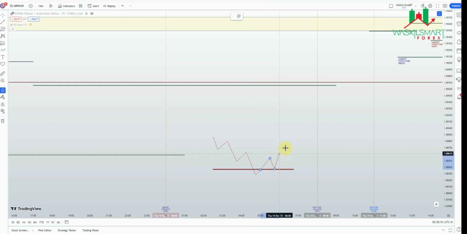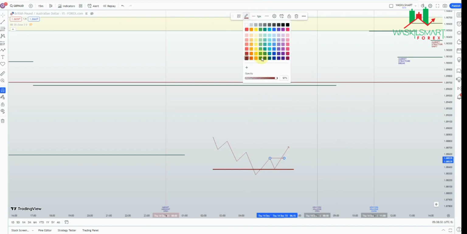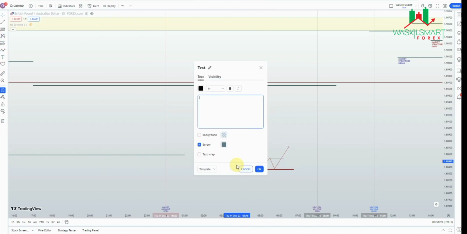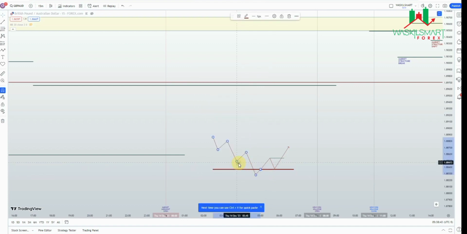So the market goes up. The moment the market took out this high here, it confirms to me that the market is bullish. The moment this high is taken out, I have a short term low here, a short term low here, and a short term low here.